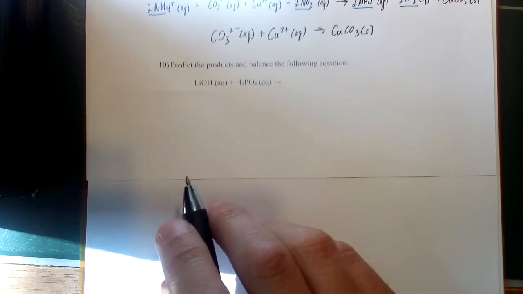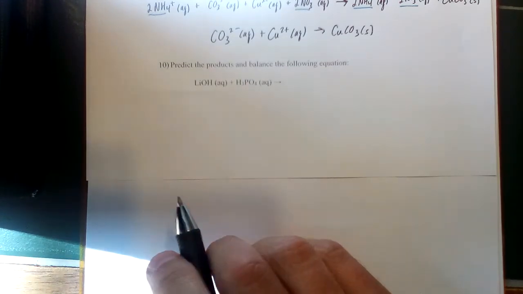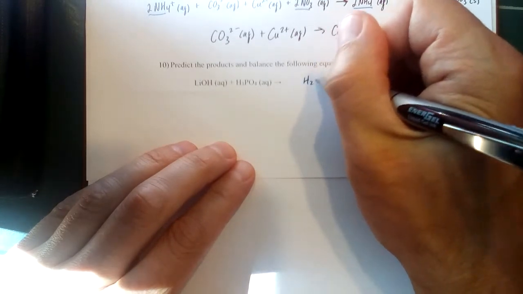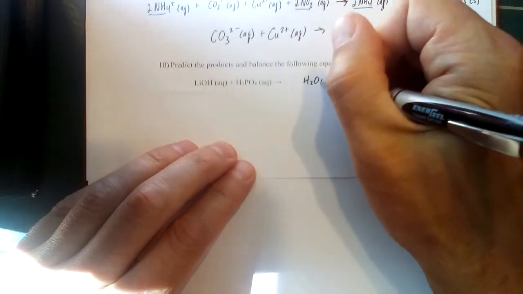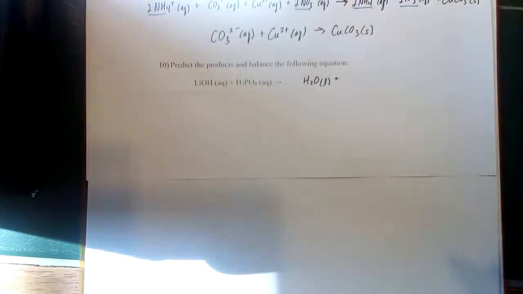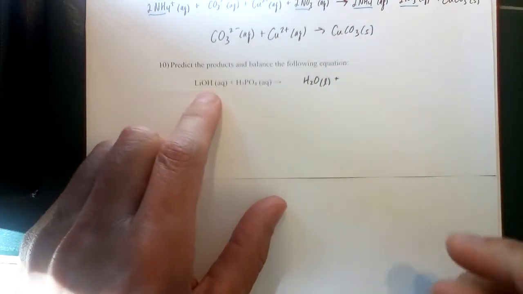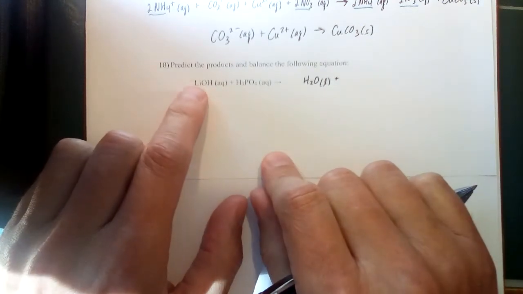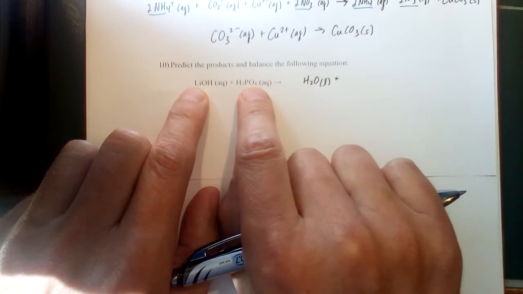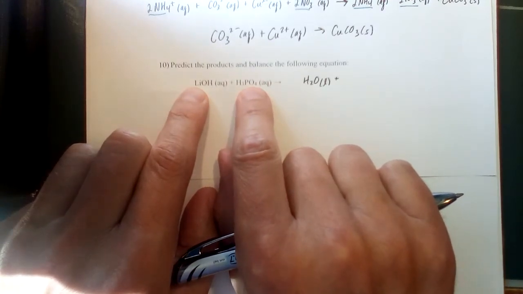We should know acid-base reactions, the products are water and a salt. So water is going to be one product, and water is always a liquid, at least at normal temperatures. This type of reaction, it's always a liquid. The salt is going to be a combination of the cation that comes from the base, which would be lithium, and the anion that comes from the acid, which would be phosphate.